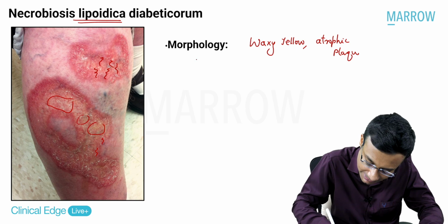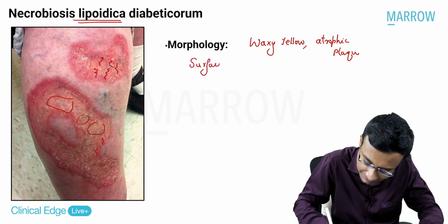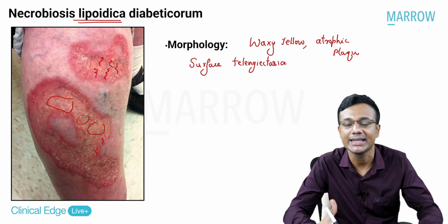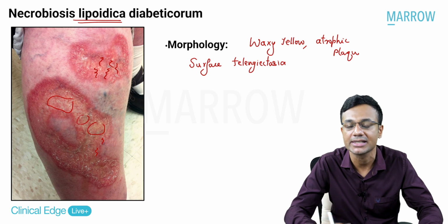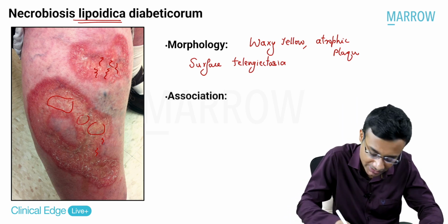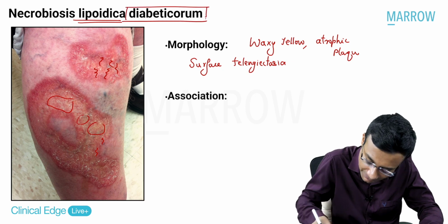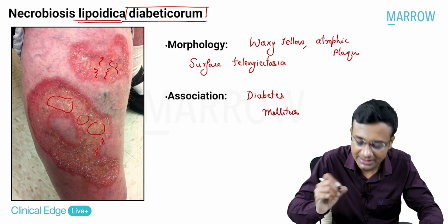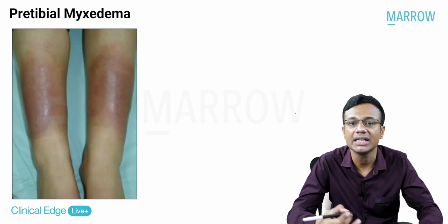This is referred to as surface telangiectasia. So waxy yellow atrophic plaque with surface telangiectasia is the morphology, and the distribution is anterior aspect of the leg. The association, that's why this is called diabeticorum, is diabetes mellitus. The second condition is pretibial myxedema.